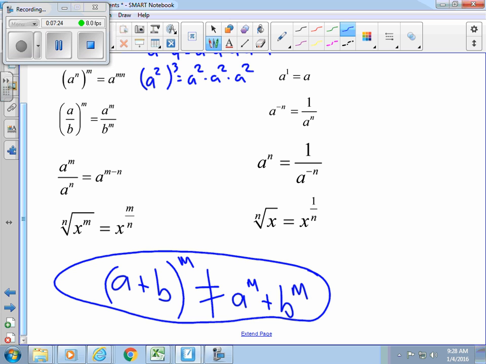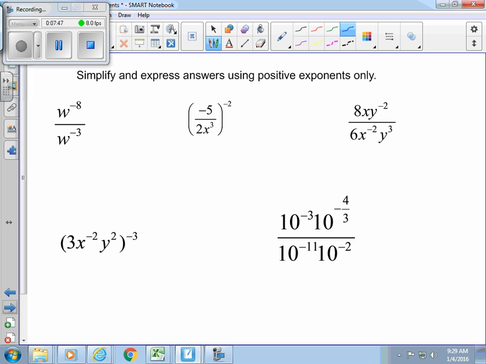So the nth root of x to the m is the same as x to the m over n power. Anything to the first power is itself. Anything to a negative exponent is a reciprocal. And then the nth root of x is the same as x to the 1/n. So just some properties of exponents. That's what we're going to be working with today.